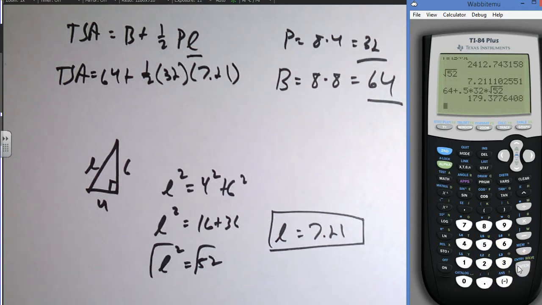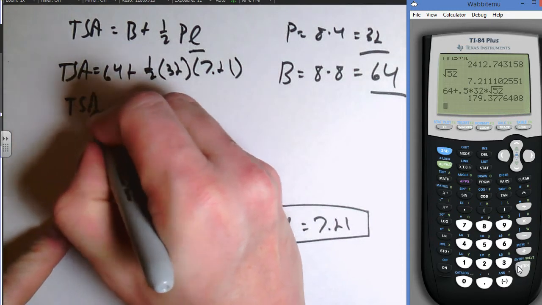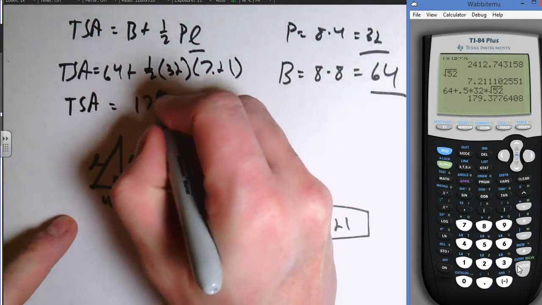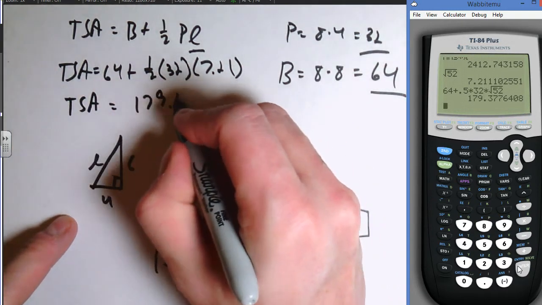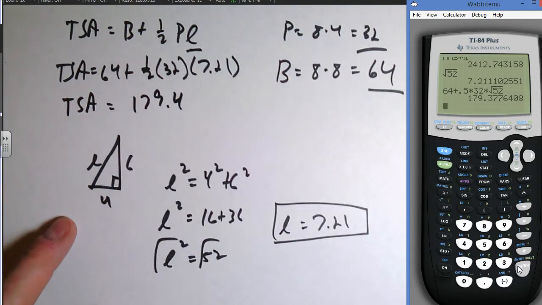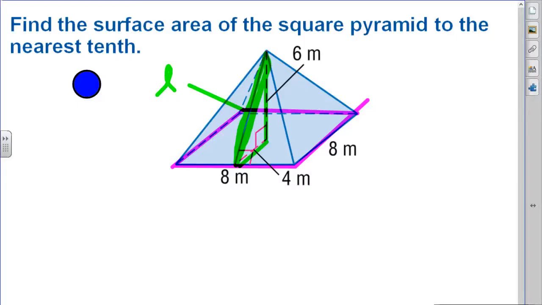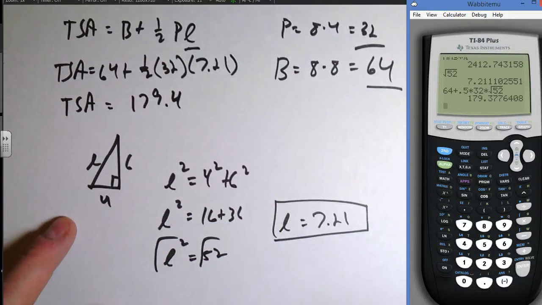And we get 179.37. Nearest tenth then would be 179.4. And they did have units, meters, so meters squared.